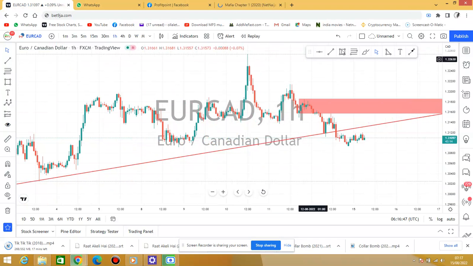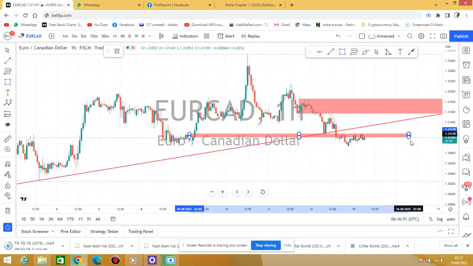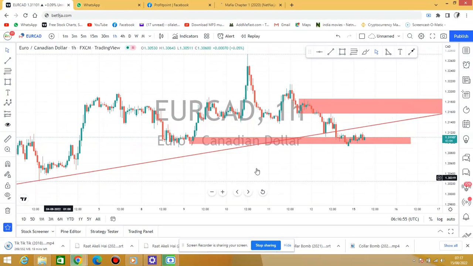If price breaks below this level, then consider it a sell. But if you look at here now, you can consider all this one as the same principle.